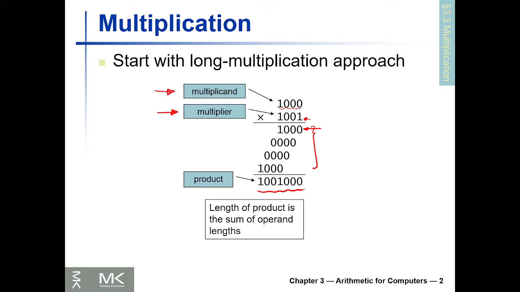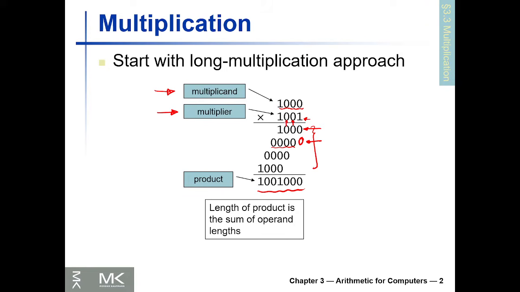Then we should go to the second bit, but before that we should shift left the second operation by 1 bit. So we're gonna put 0 here and multiply 0 by 8, 1000. Of course this will give us just zeros, those 4 zeros.